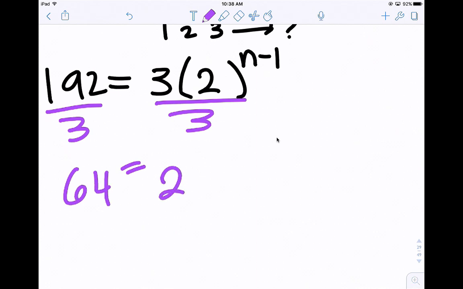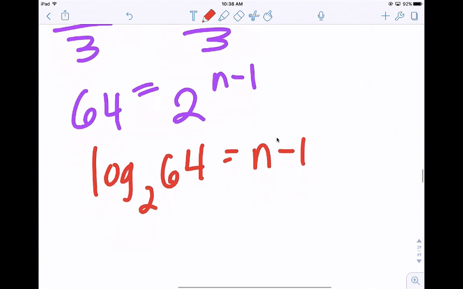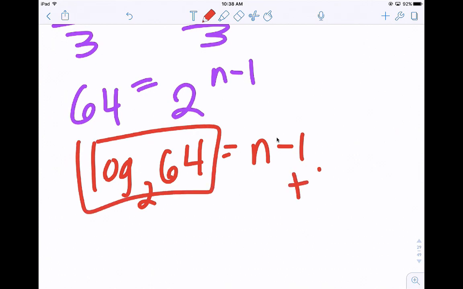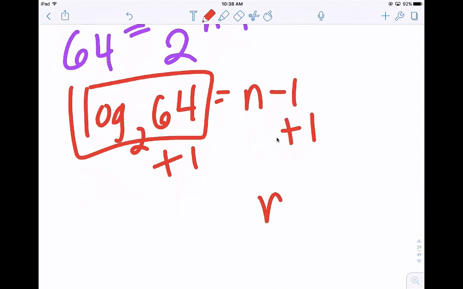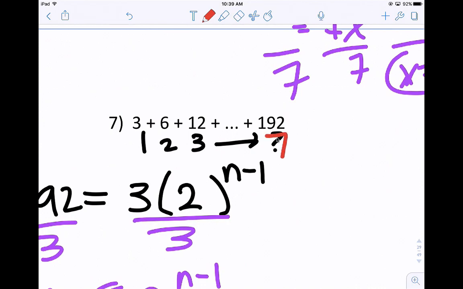So you have 64 equals 2 to the n-1 power. We could log this. So we have log base 2 of 64 equals n-1. Put that in your calculator, but then add 1 to that. And so here our term is 7. So this goes up to the 7th term.